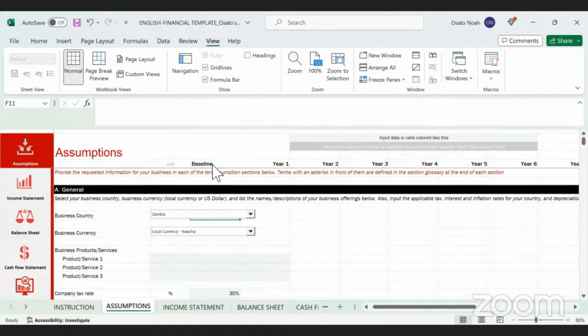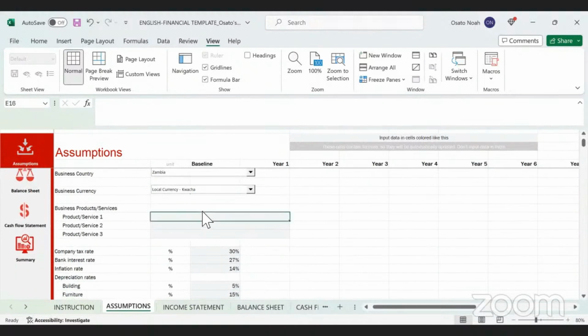So we picked a business using the country of this business, which is Zambia, and the currency is kwacha. And then we want to pick a mono product. We are picking a product. Our product is a special bag for storing cowpeas.